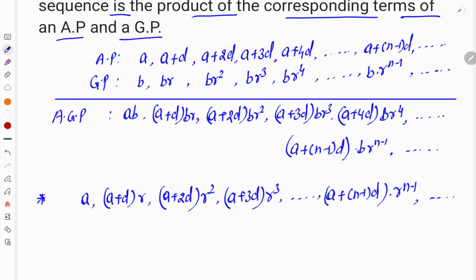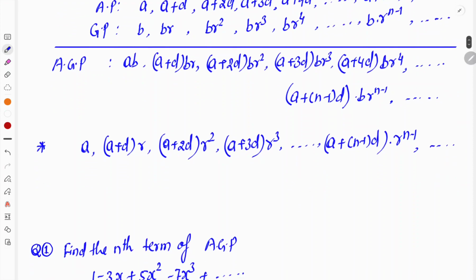Here the first factors, A, A plus D, A plus 2D, A plus 3D, A plus (N minus 1) into D, are in AP.